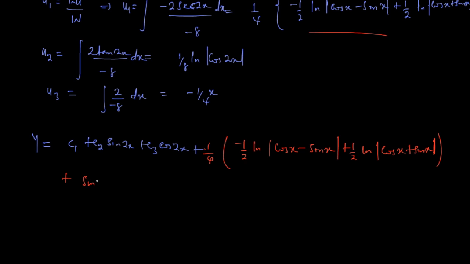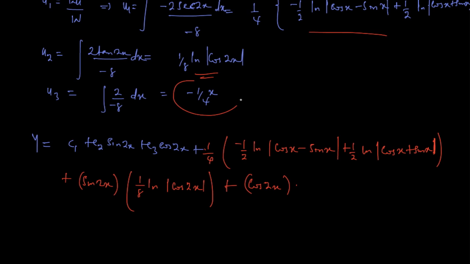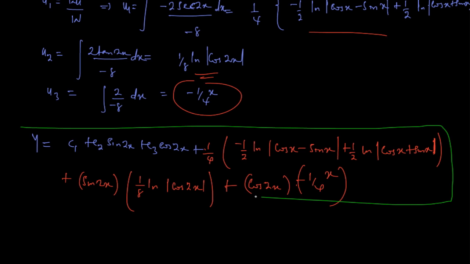Plus the next one, which is sine of 2x into my u2. This is my u2 here as 1 over 8 the ln of cosine of 2x, and then lastly plus cosine of 2x into my u3. This is my u3 here, minus 1 over 4x. And then this is the general solution of the non-homogeneous differential equation posed above.